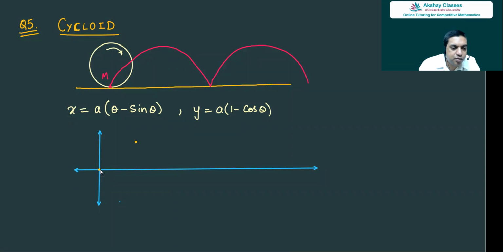Theta equal to 0, x is 0, this is x, this is y. When theta equal to pi by 2 or theta equal to pi, you will get this.